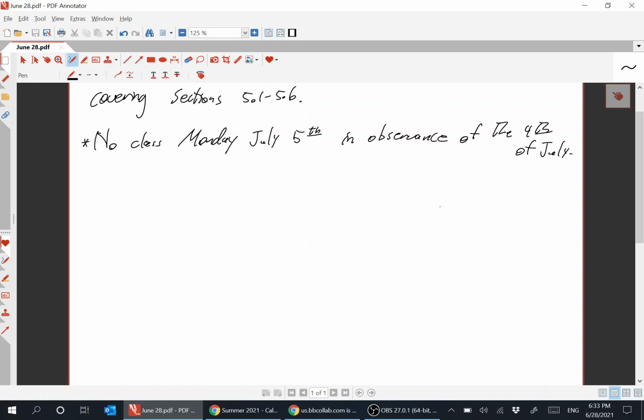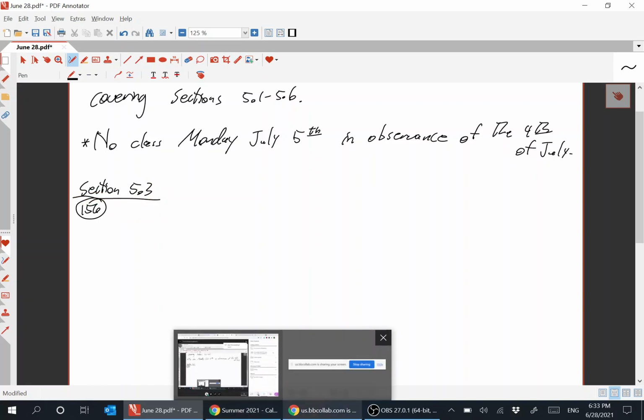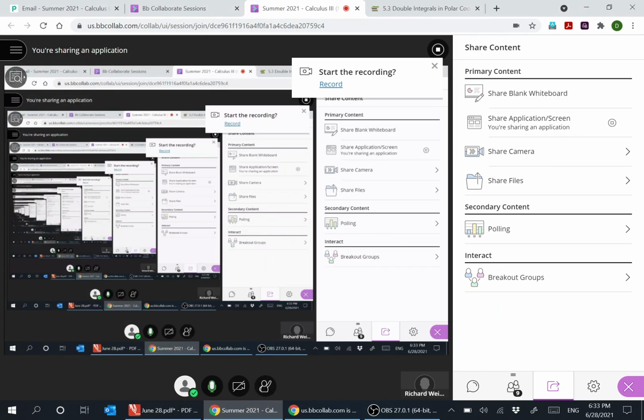in section 5.3. So now we are up to number 156, still in 5.3. So number 156.